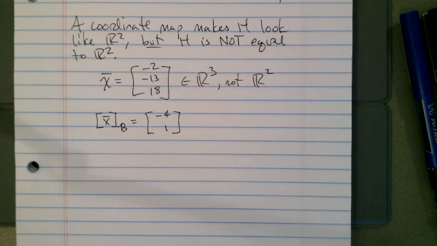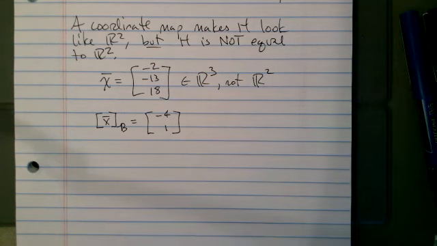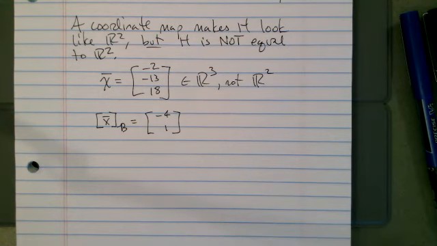This is a lot to think about. So a coordinate map makes H look like R2, but it's not equal to R2. The vectors in H are actually vectors in R3. We write their coordinates relative to a basis. Yeah, it's about the space that we're sitting in.